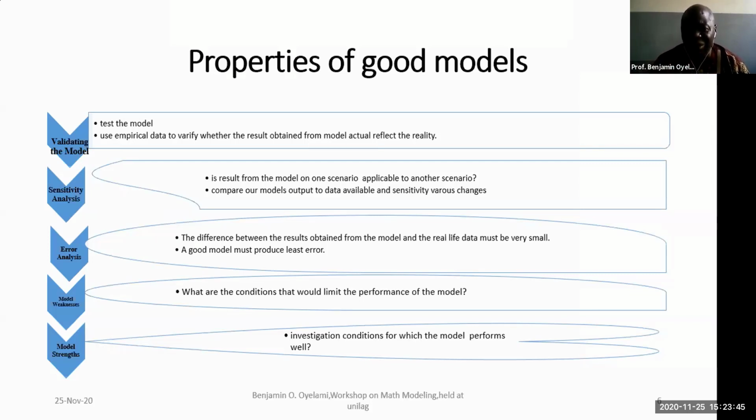Then the model must be sensitive to various changes. So you see how sensitive the model is to various changes. And this property is general for all models, irrespective of which area or whatever problem you are solving. The difference between the result you obtain from the model and the real data must be very small.